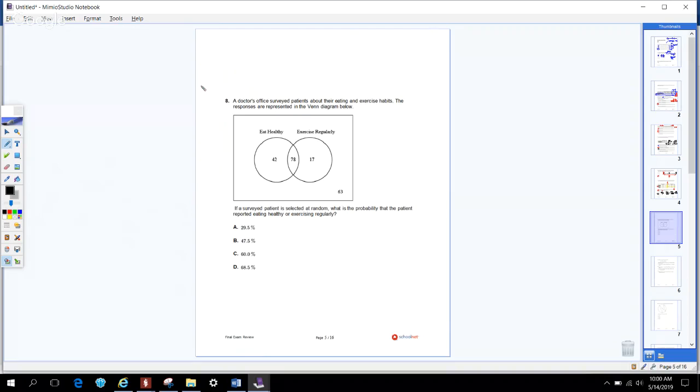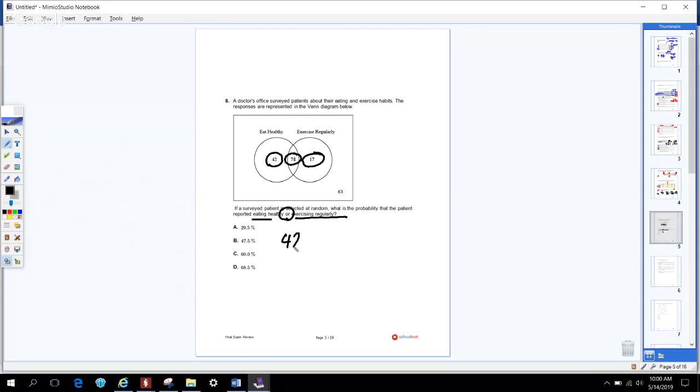If a surveyed patient is selected at random, what is the probability that the patient reported eating healthy or exercising regularly? Now, in this case, it's a little bit different than the formula, because most of you will just add these three up, which is the correct way to do it.